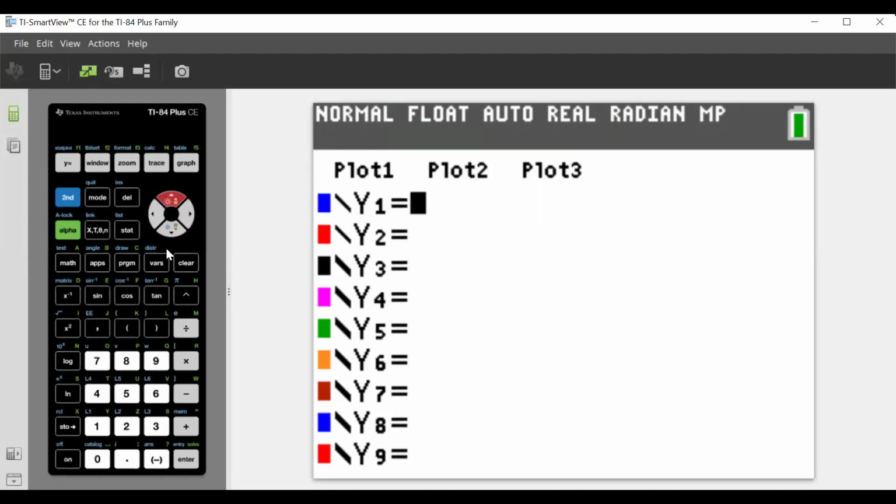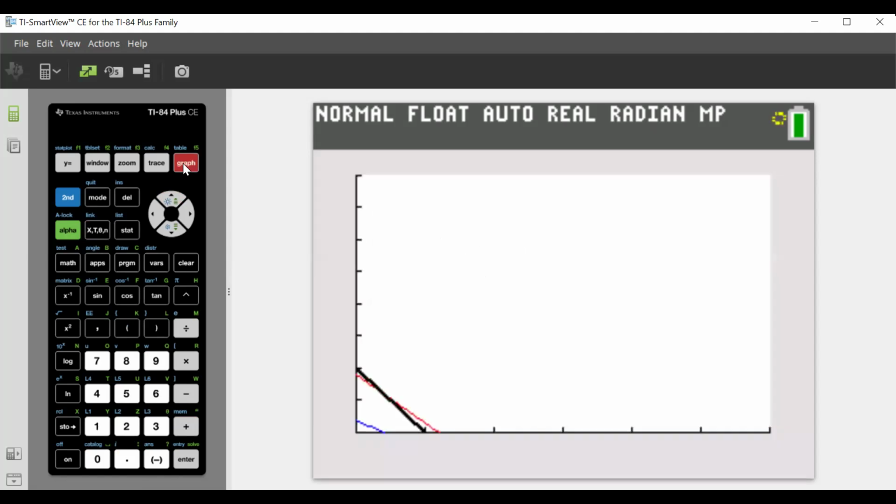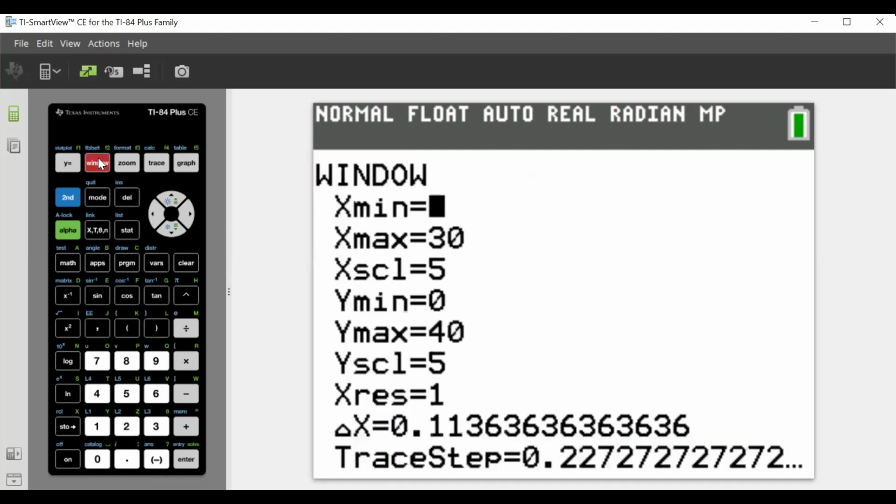And so what do we have? We had minus x plus 2. We had a negative 1.5x, and then plus 9. And we had a negative 2x plus 10. All right. So that looks like that. Now let's change our window a little bit.